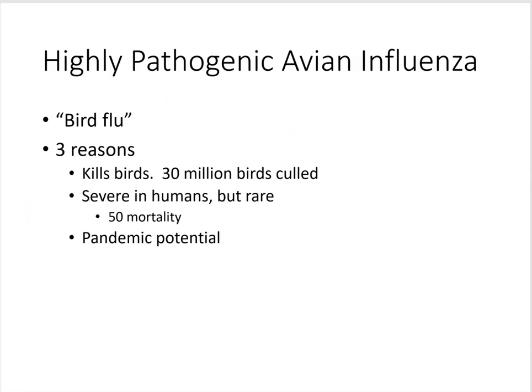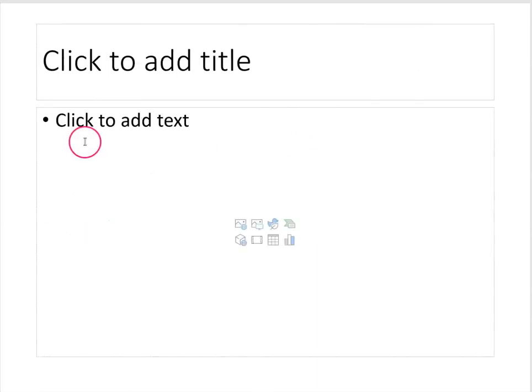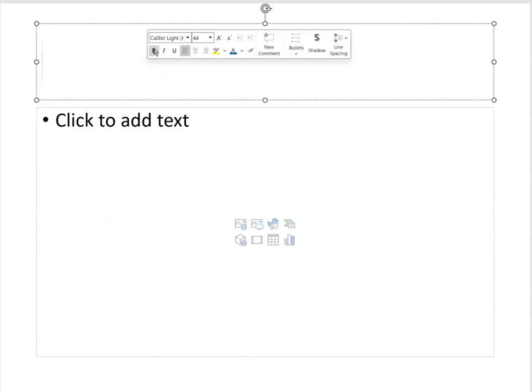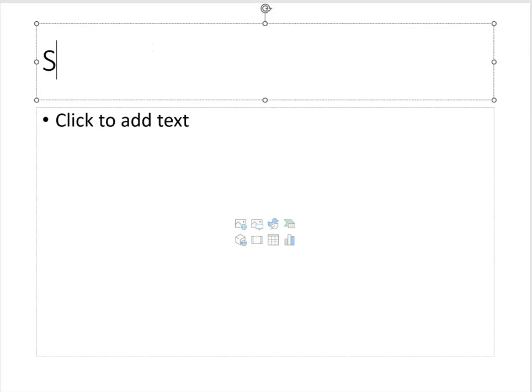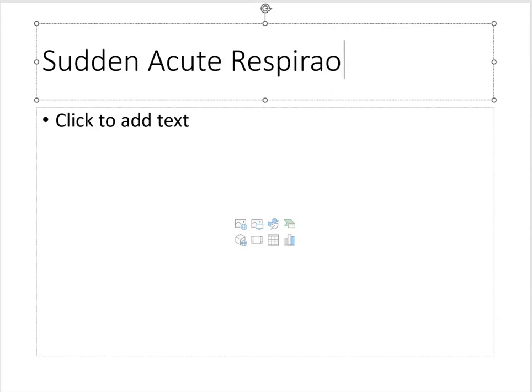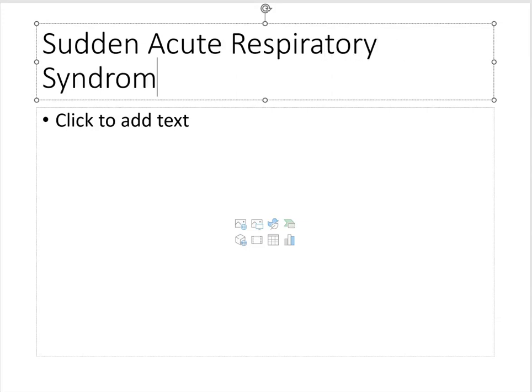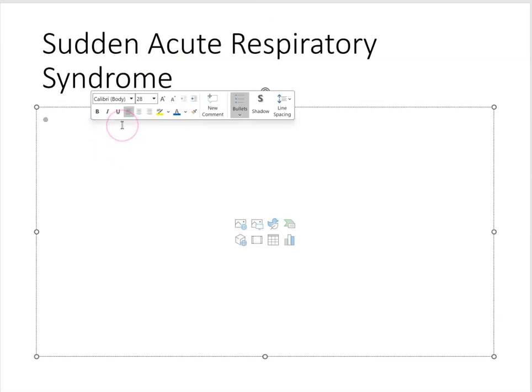So let's move on. The worst thing you could hear about if you were a critical care doctor or nurse in Hong Kong in 2001 would be sudden acute respiratory syndrome, or SARS.